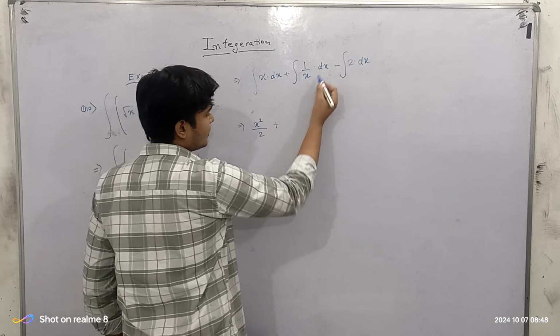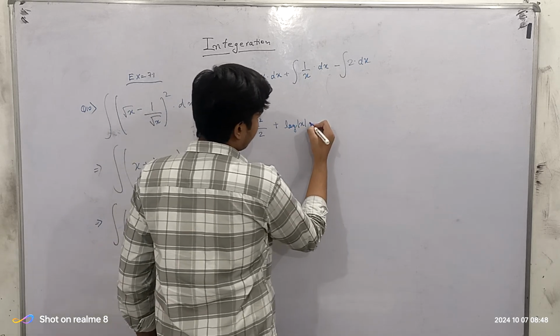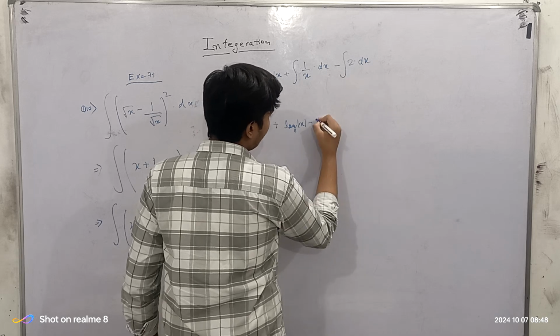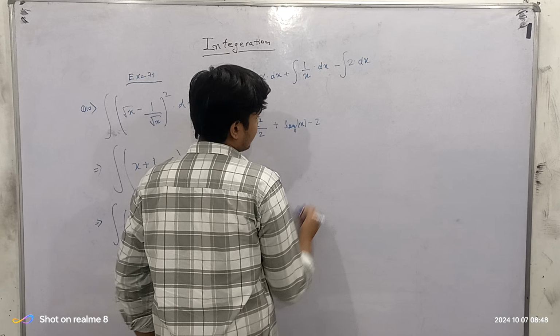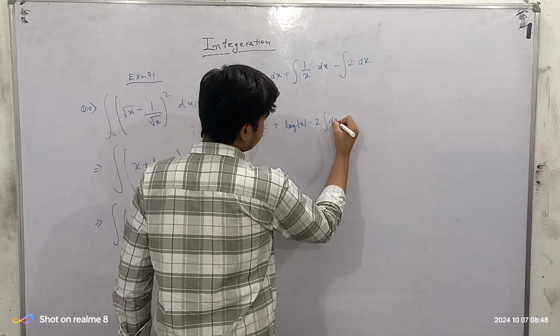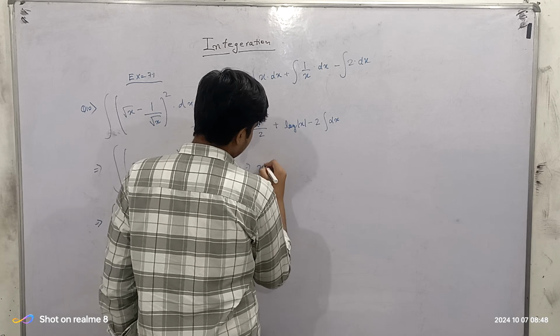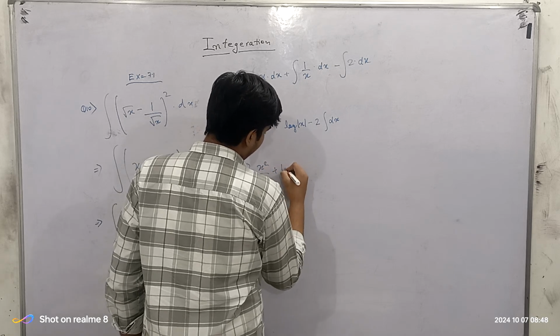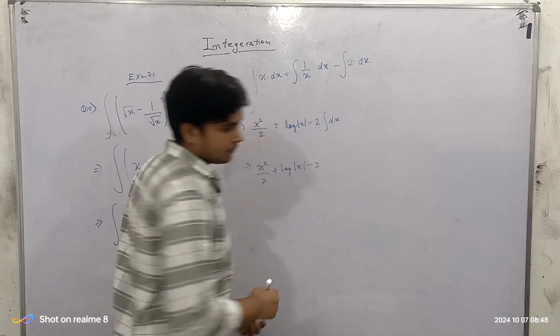Plus 1 by x into dx is log mod x. Minus: in the question we have discussed, if a constant is given, the constant will come outside, 2 into dx. 1 into dx will be x only. Here: x square by 2 plus log mod x minus 2x.